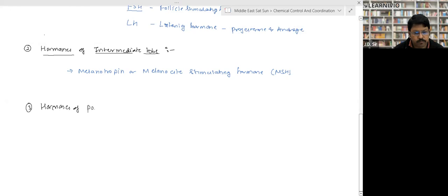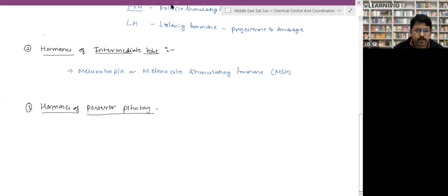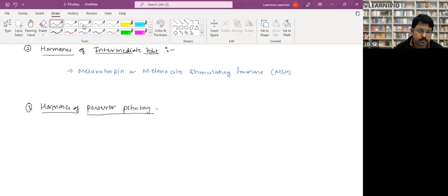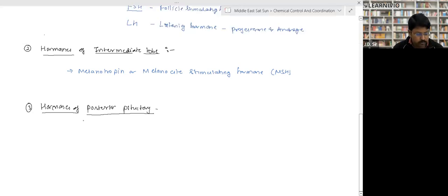Now, what are the hormones of the posterior pituitary? Note it down.